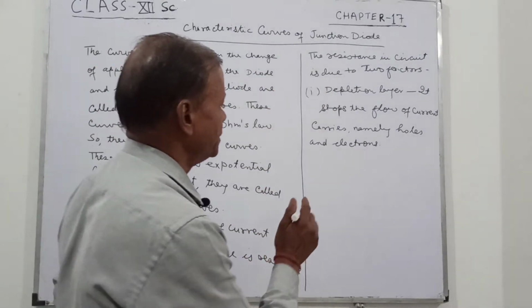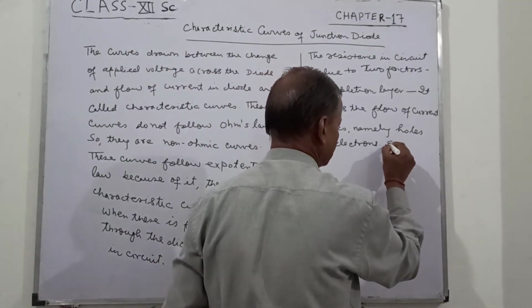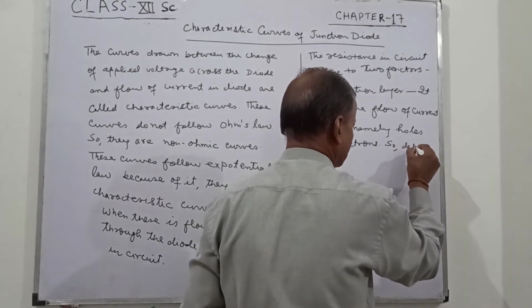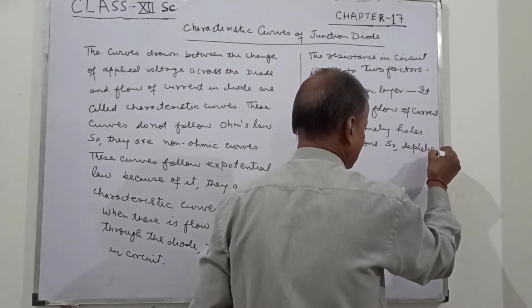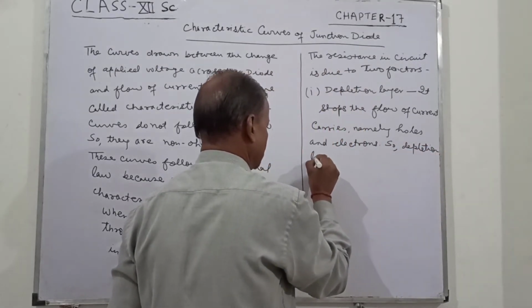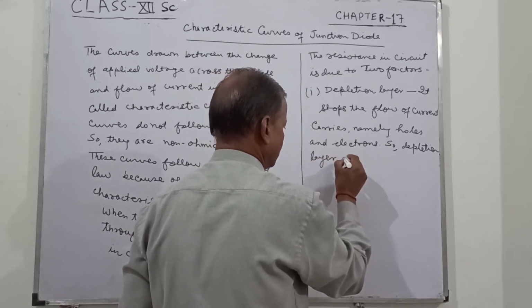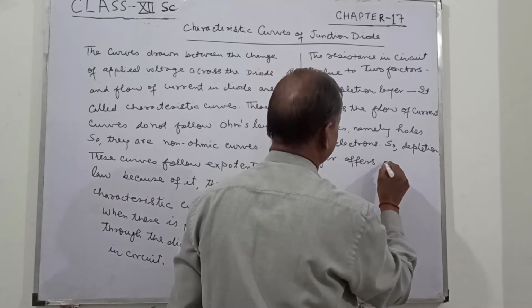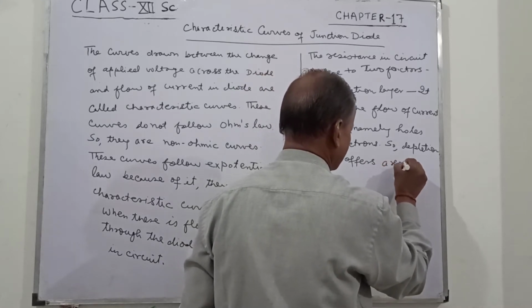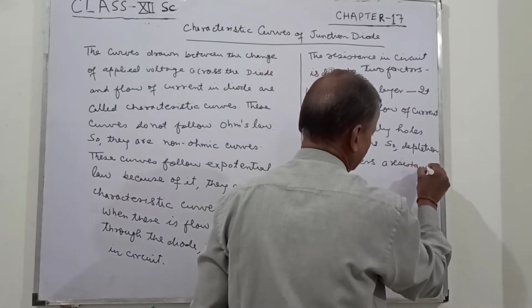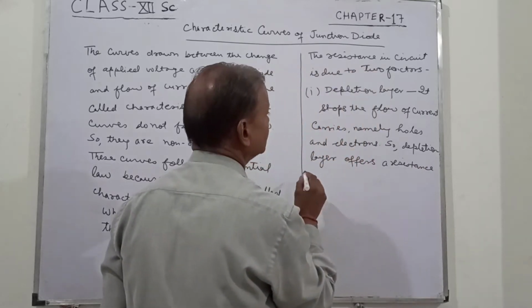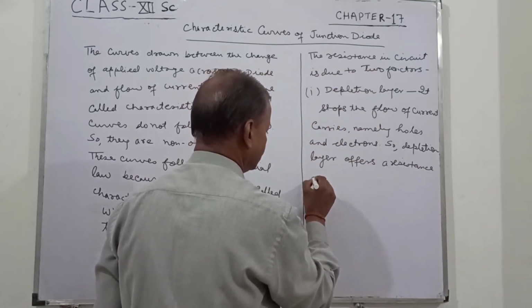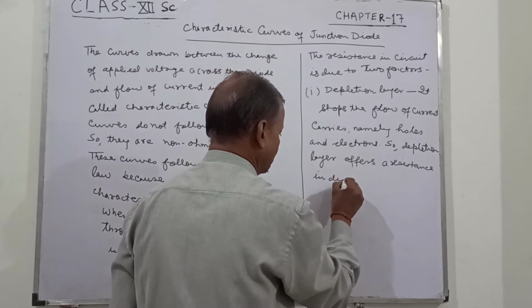So it offers a resistance. Depletion layer offers a resistance in diode.